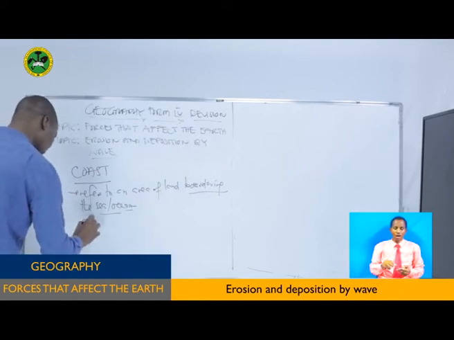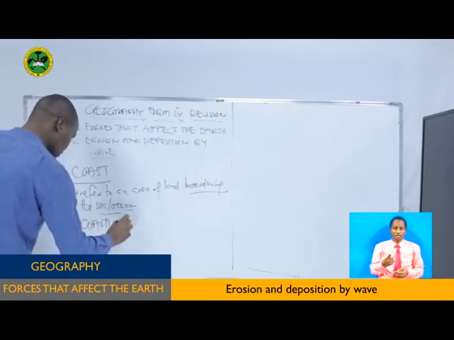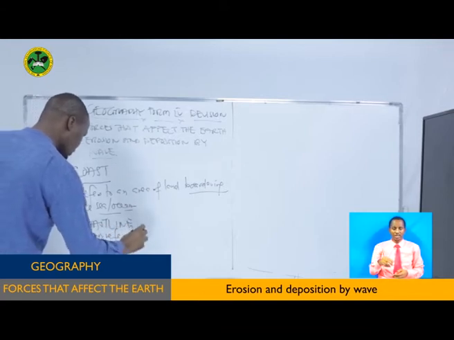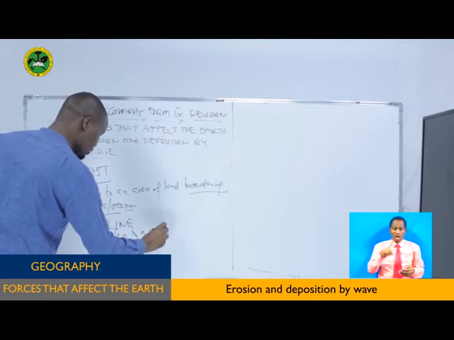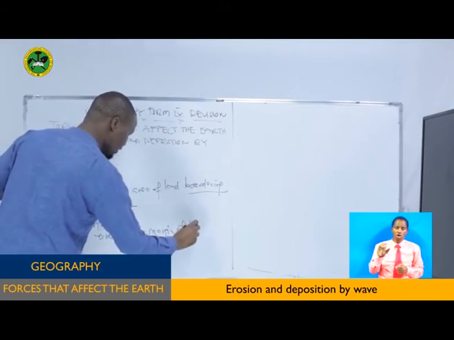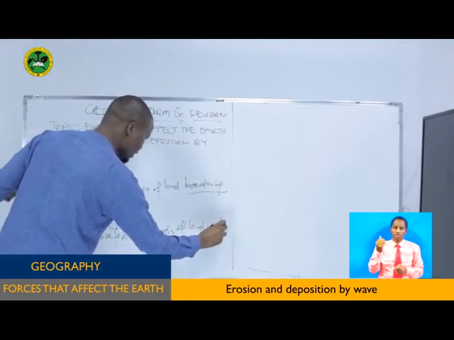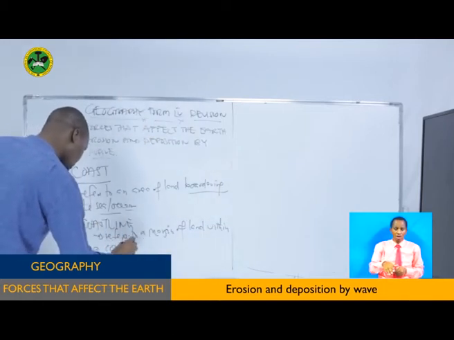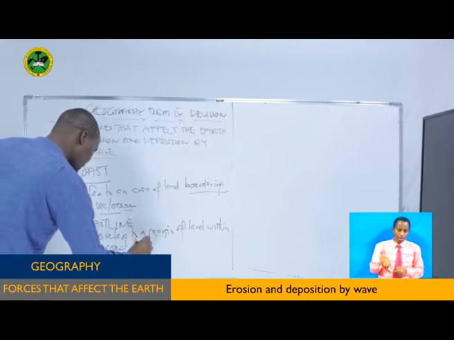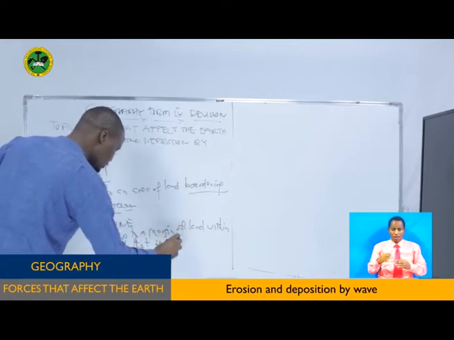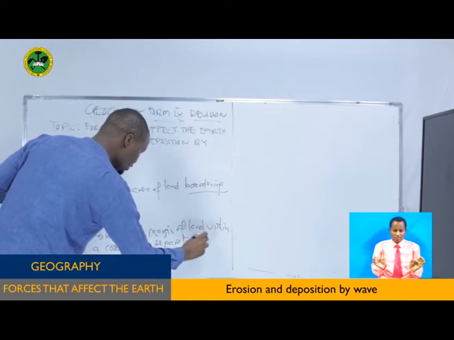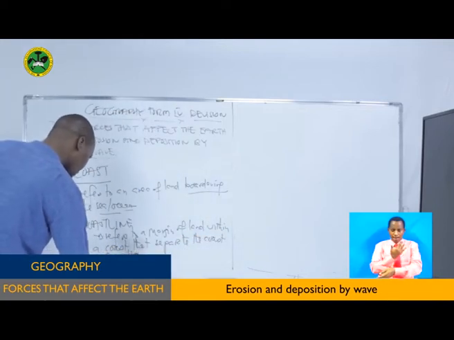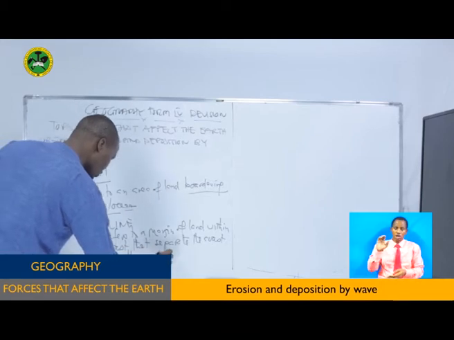Then we have the coastline. Coastline refers to a margin of land within a coast that separates the coast from the sea or ocean.